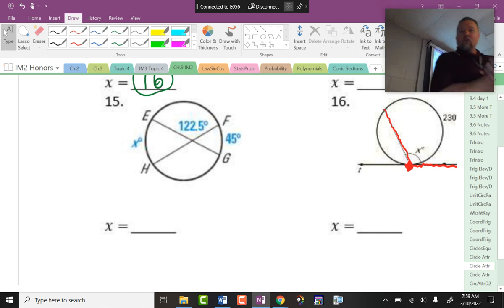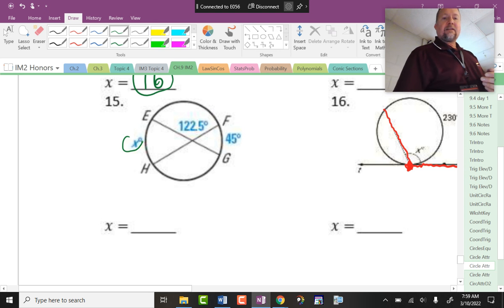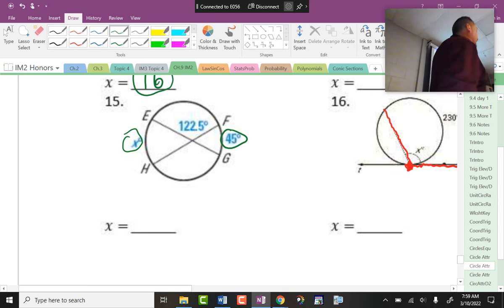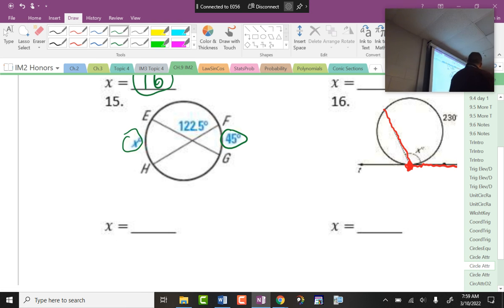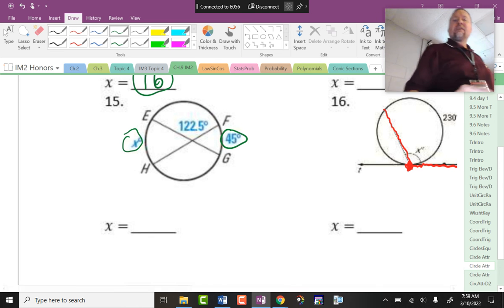All right, anyway, so we got a 45 degrees, and then we got an X degrees, and then we have this arbitrary 125.5 written here. Big deal, not too tough, okay? So what we have here is I got to get this angle here because these are two vertical angles cutting these arcs that we should take the average of.